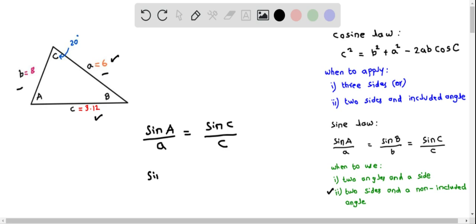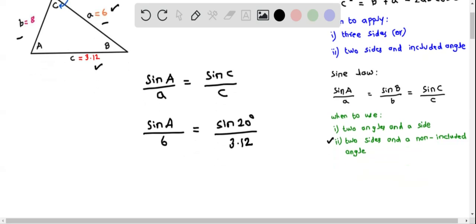We will have sine A over the side length a, which is 6, and sine of angle C is 20 degrees, divided by side length c, which we just found to be 3.12. Now, we have three known quantities and only the angle A unknown, which means we can determine angle A. First, let's do the cross multiplication.